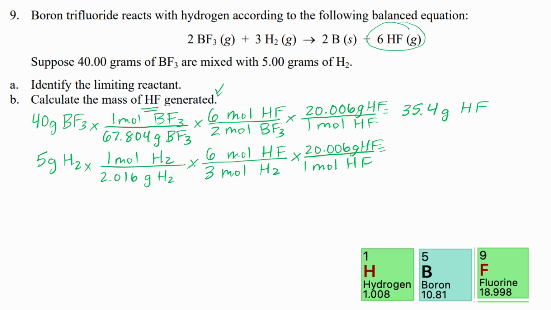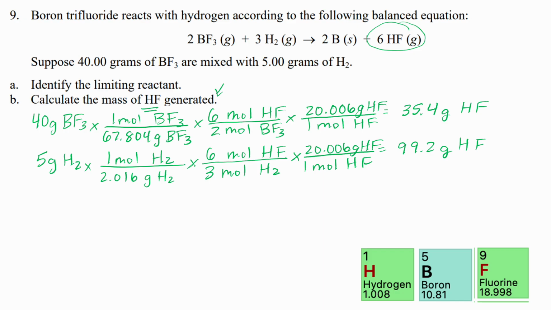Then we're going to do the same thing to our other stoichiometry equation. So 5 grams divided by 2.016, press equals. Multiply that by 2 because that's 6 over 3. And then multiply that number by 20.006. That's going to give us 99.2 grams of HF.